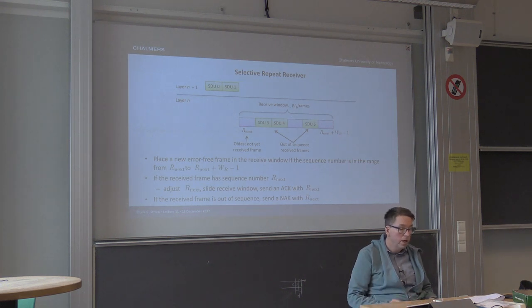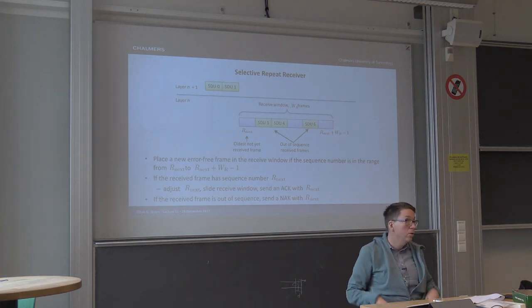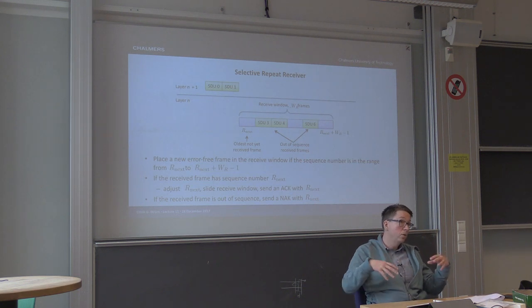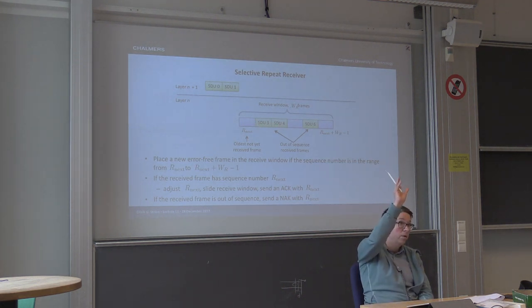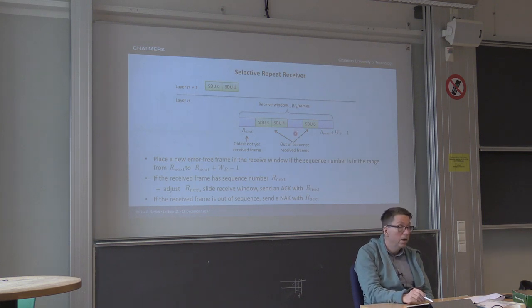Okay, so selective repeat is essentially to introduce a buffer at the receiver, and then the receiver constantly asks for the oldest not yet received frame in the window, and once it gets that, then it can deliver that and any other frames which have already been received to the layer above it, and then this will be the next frame that we're waiting for.